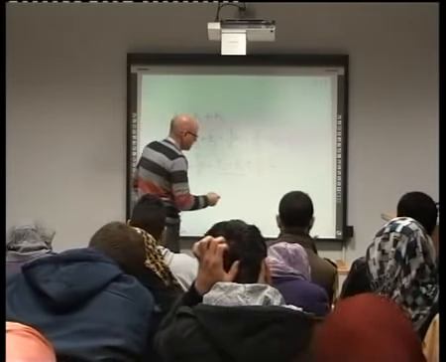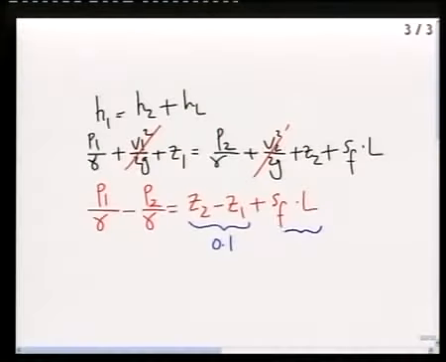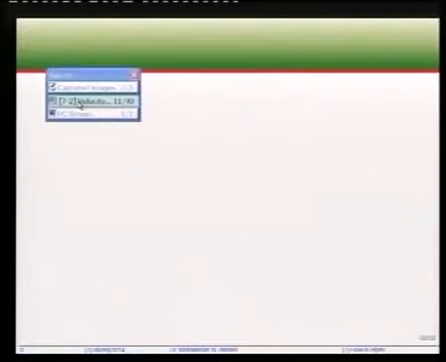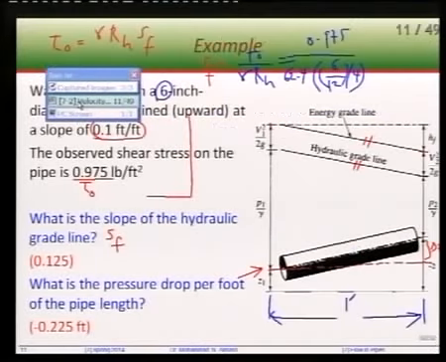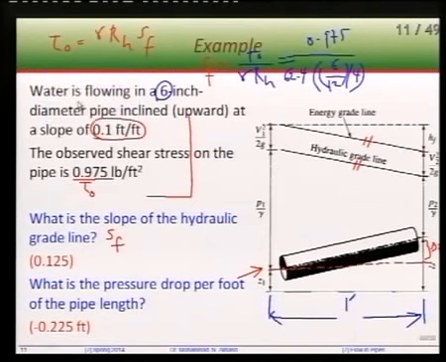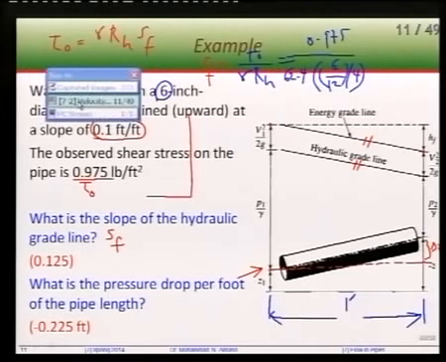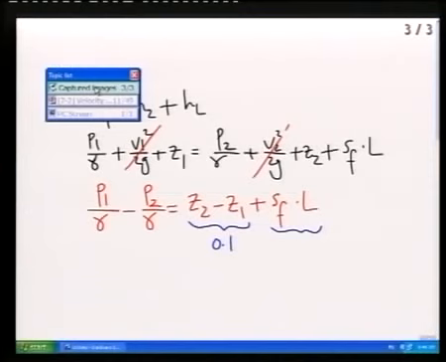And this one, if you go back, 0.125, per foot. So this is 0.125, the SF. So we have to go back and just let's plug here.